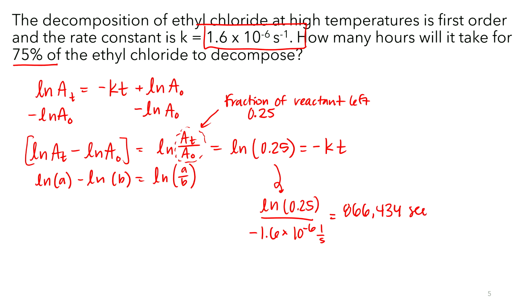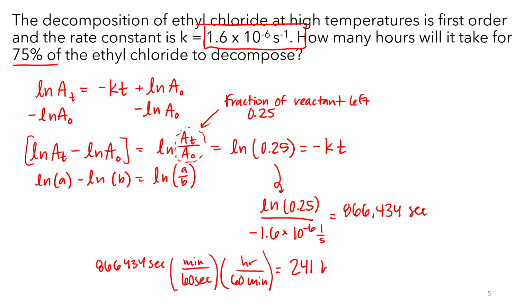And before I put that in, I'm going to read the question again and be like, they didn't want seconds. They wanted it in hours. So I'm going to convert to hours. All right? So always reread the question and make sure you're giving us what we ask for. My final answer was 241 hours.